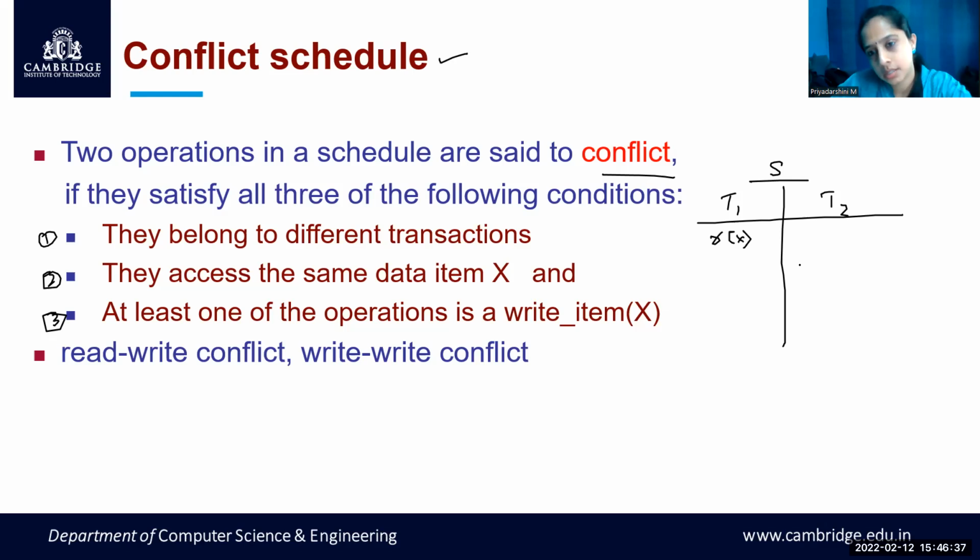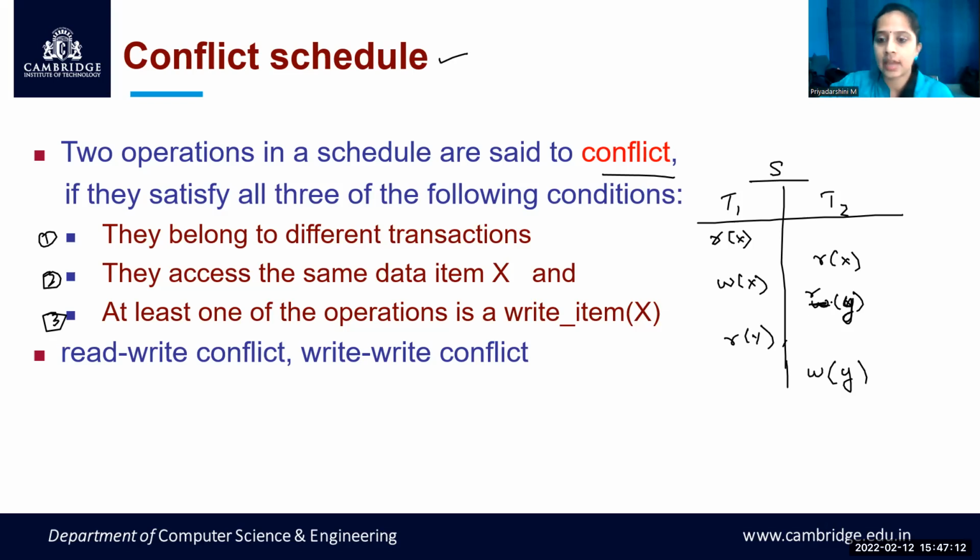R of X, R of X, W of X, W of X, W of Y. This is Y. Then I call it a read of Y. Let me say it is read of Y, and then I will call it a W of Y. So this is a scenario of transactions.